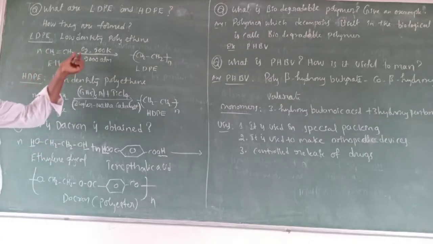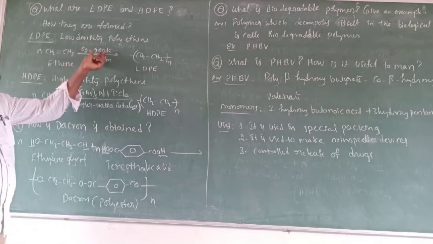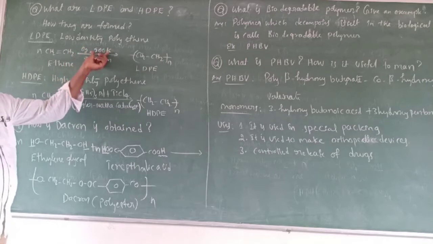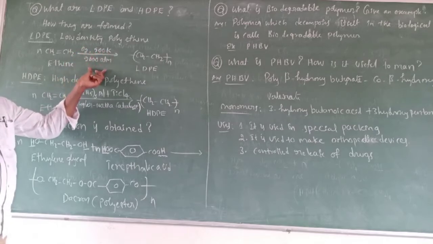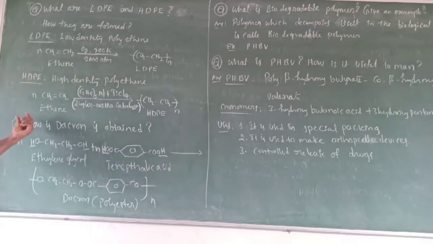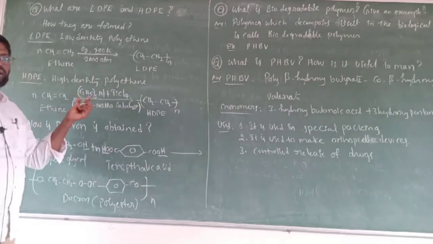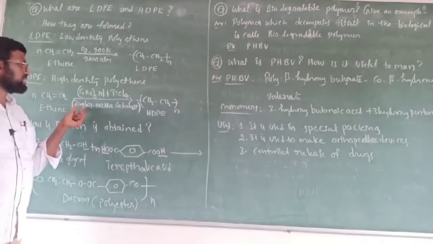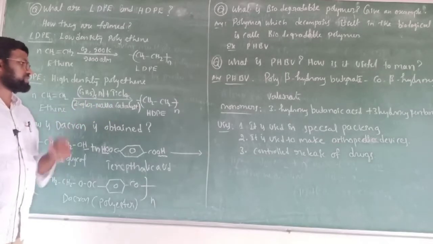One is in the presence of oxygen at around 500 Kelvin temperature and 2000 atmospheric pressure. Or sometimes it can also be obtained by using a catalyst called Ziegler-Natta catalyst.